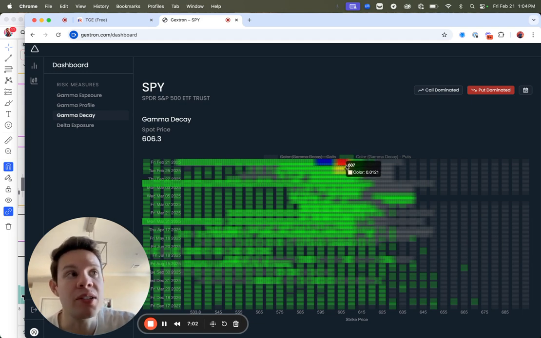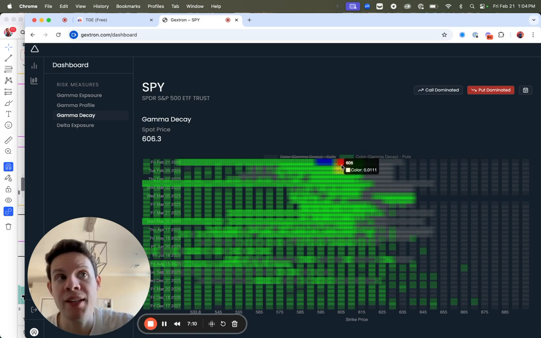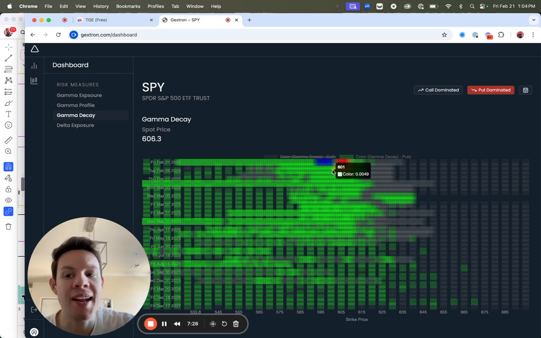Now there's some cons to this. When gamma level is red, that means delta is really unstable, so it can go crazy. It doesn't mean it's risky. If I wanted to do something better, I would pick something around the yellow or something low and stable like a 595 or 596 put. But you've got theta decay, right?